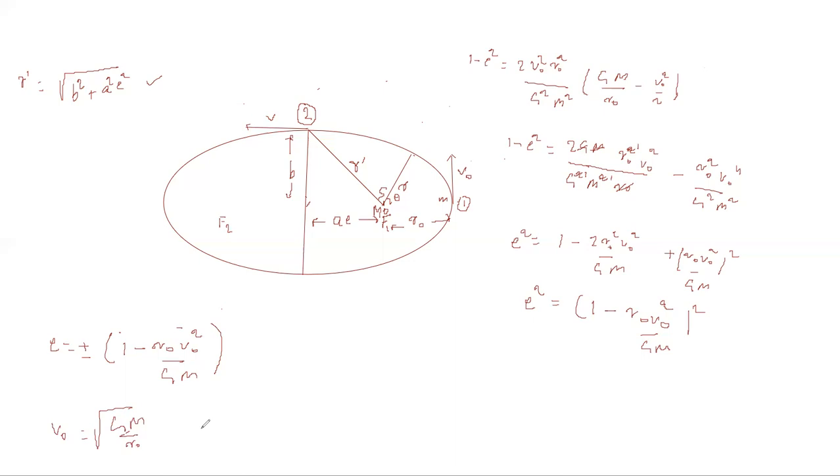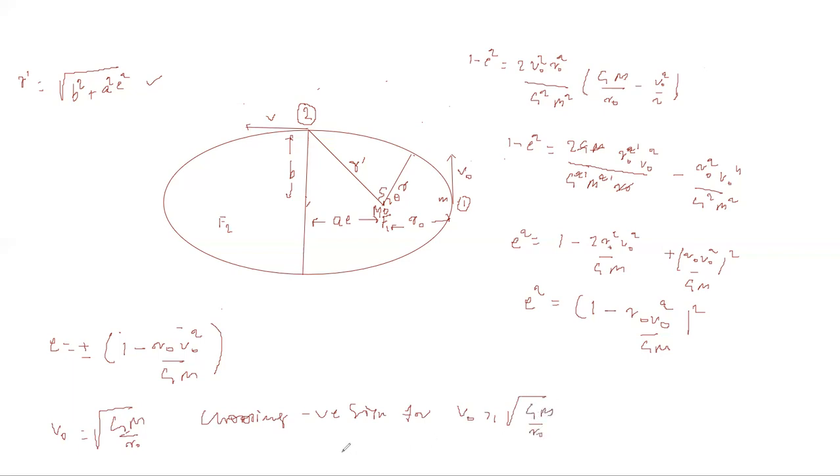So we'll have to arrange this formula like this, choosing the negative sign for V naught greater than or equal to under root of GM over R naught.